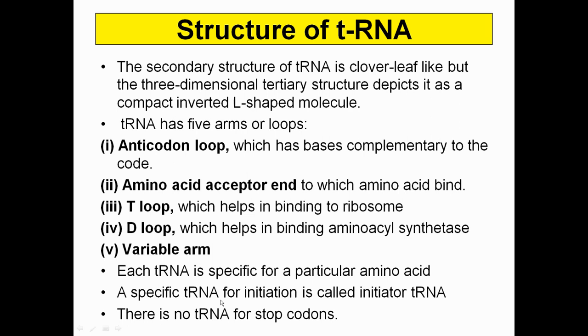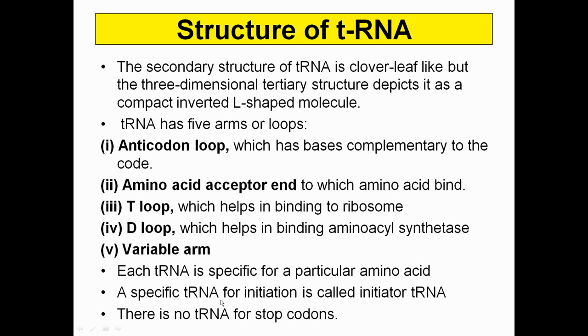A specific tRNA for initiation is called initiator tRNA. As you know, there is always an initiator codon, and there will be a specific tRNA which is going to read that particular start codon. That is the initiator tRNA, because the whole process of translation is going to be started with the help of the initiator tRNA.